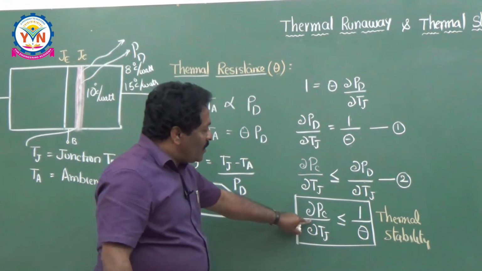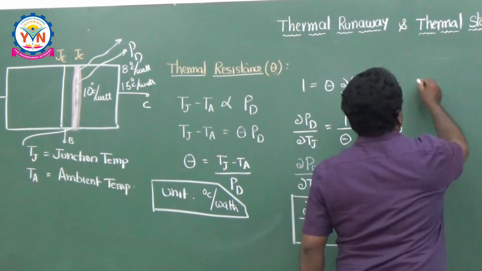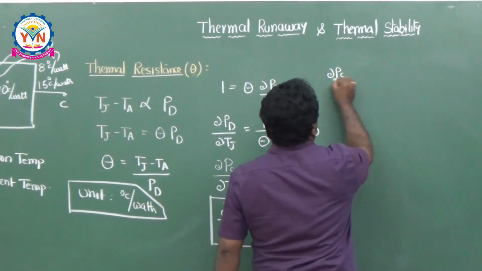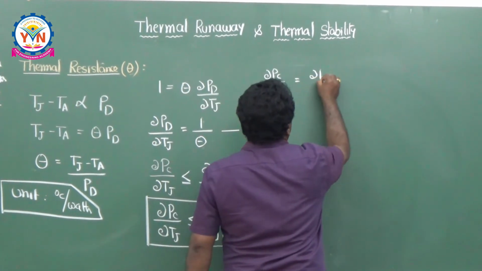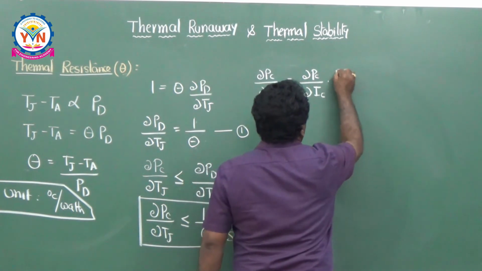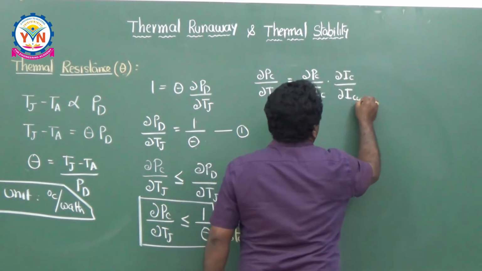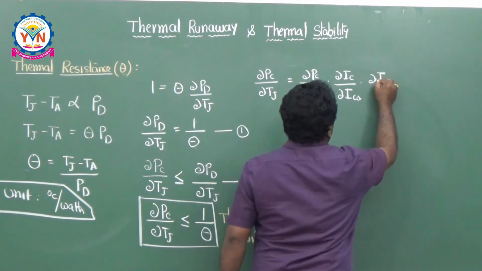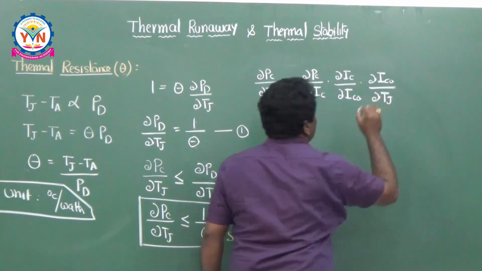So, I can write down dou Pc by dou Tj as dou Pc by dou Ic multiplied by dou Ic divided by dou Ic naught multiplied by dou Ic naught divided by dou Tj. This is the equation.